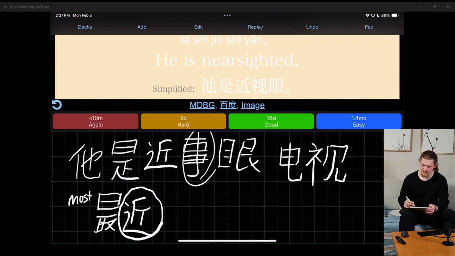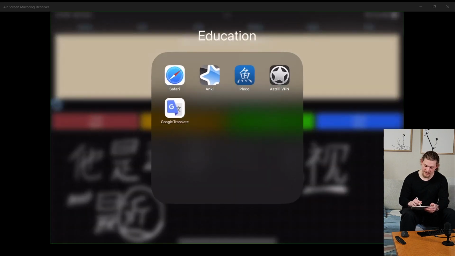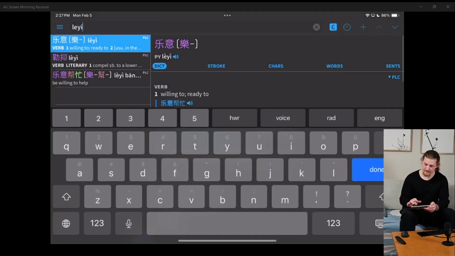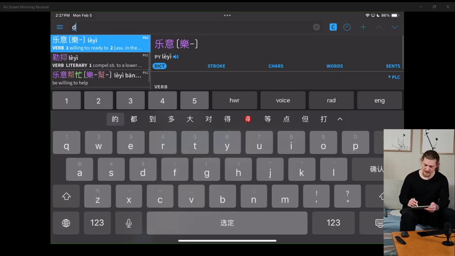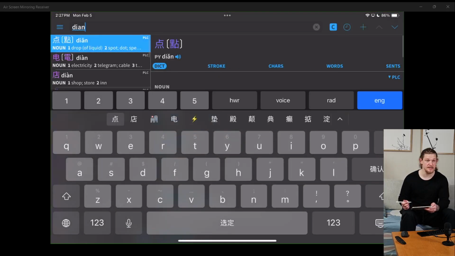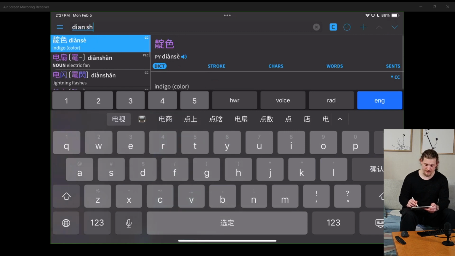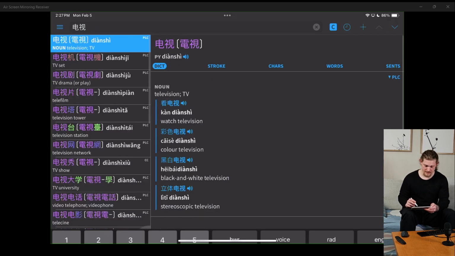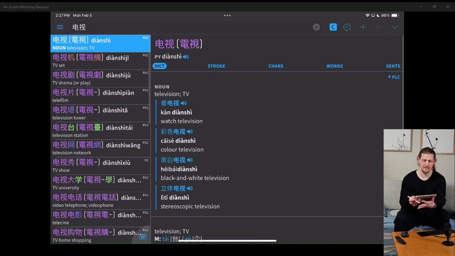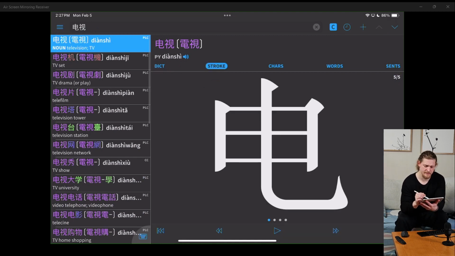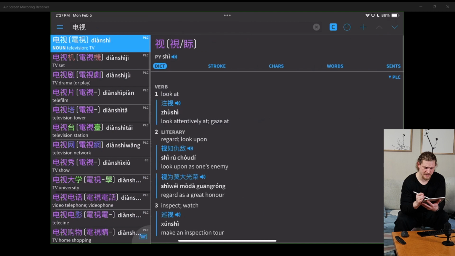I'm not sure of the meaning of this character 视 right here, so I'm actually going to open up another app. I'm going to type in here, and I can use the pinyin to enter in my characters. So 电视, television or TV. So I want to look at this.